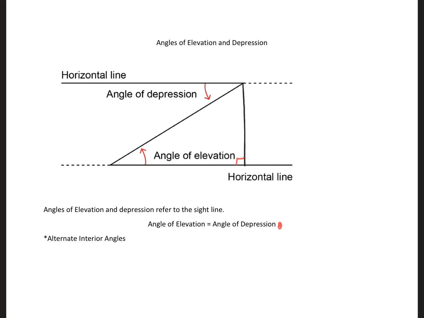So it's important to note, if you are given the angle of depression, switch it to the angle of elevation. So we're going to take the angle of depression, put it on our diagram, and we're going to switch it to the angle of elevation. And you'll see what I mean by that in example 2.